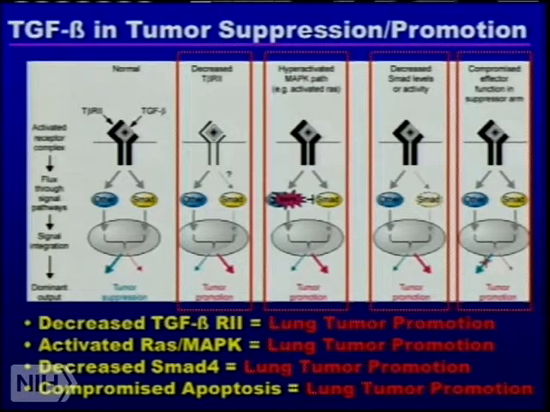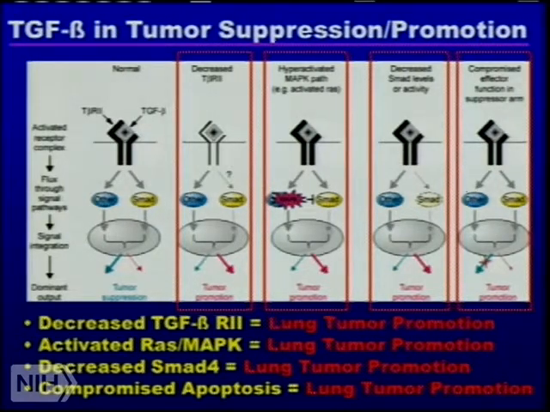So in our system, using these various mouse models, we're able to show that there are several ways in which the TGF-beta signaling pathway can be impacted in order to turn a known tumor suppressor more into a lung tumor promoter.